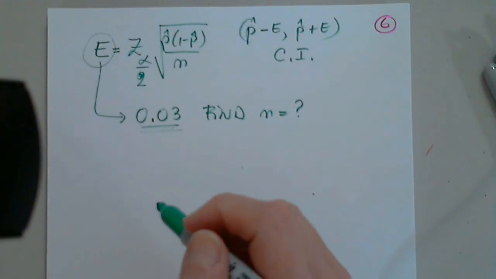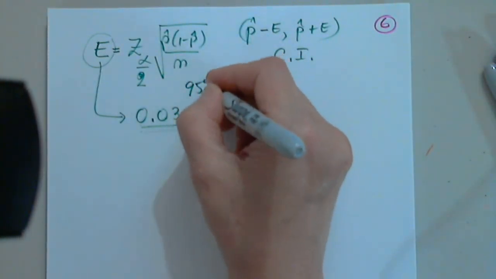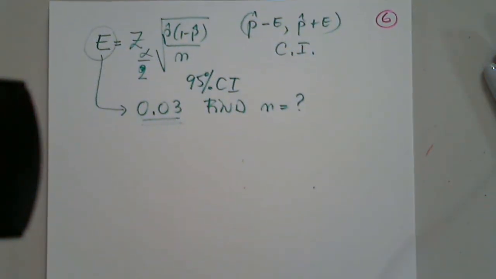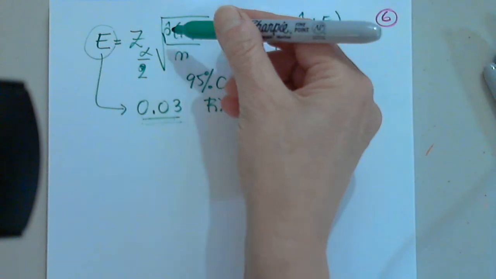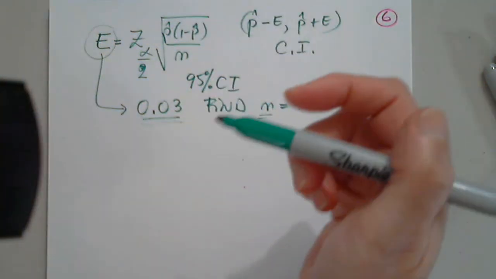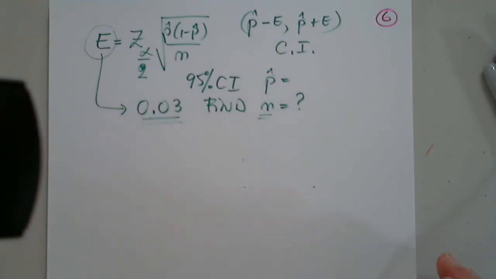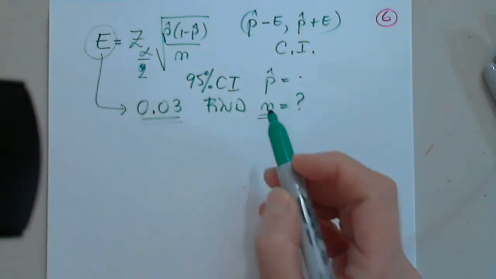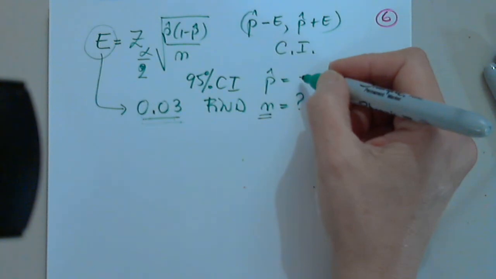And let's say I'm told that the confidence level is 95%. How do I determine n? Let's say from a previous study we have p hat. Give me a p hat. Any p hat you want, so we can determine the sample size. Anyone want to give us a p hat?